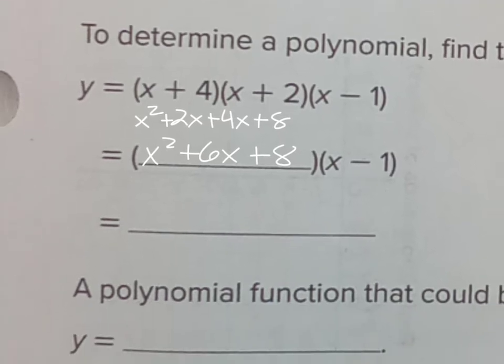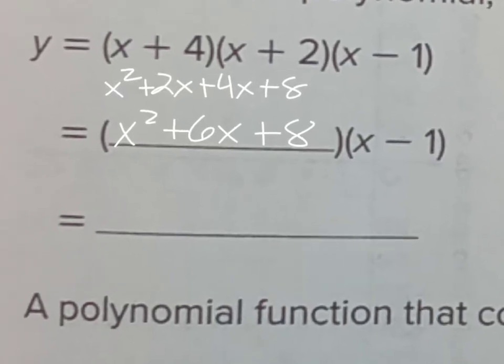All right, so then we have to distribute again. So what's that going to look like? x cubed plus 6x squared, yeah, squared. Minus x squared, minus 6x, plus 8x, and then minus 8.